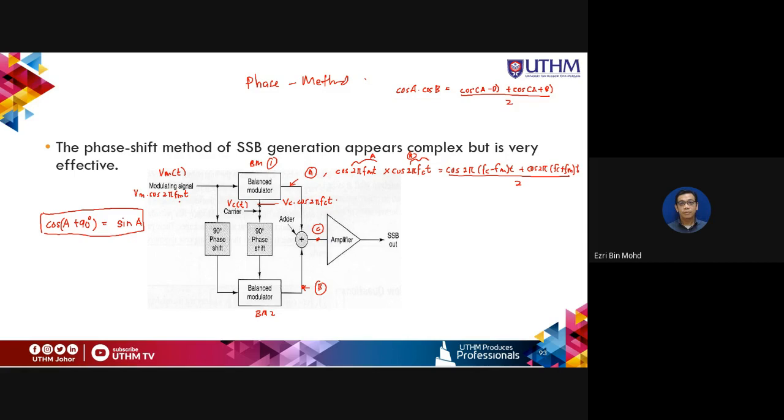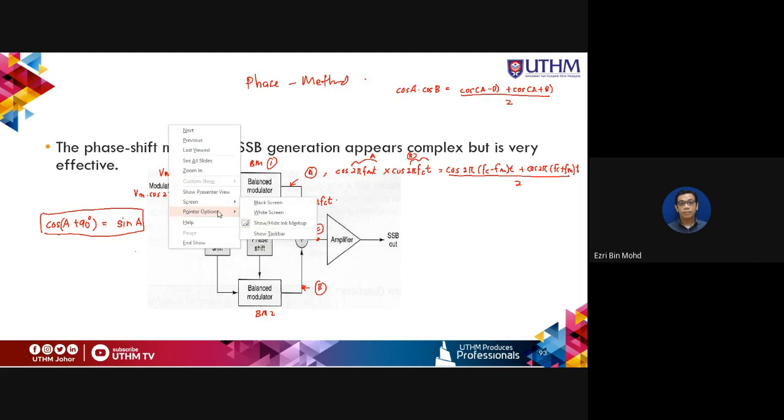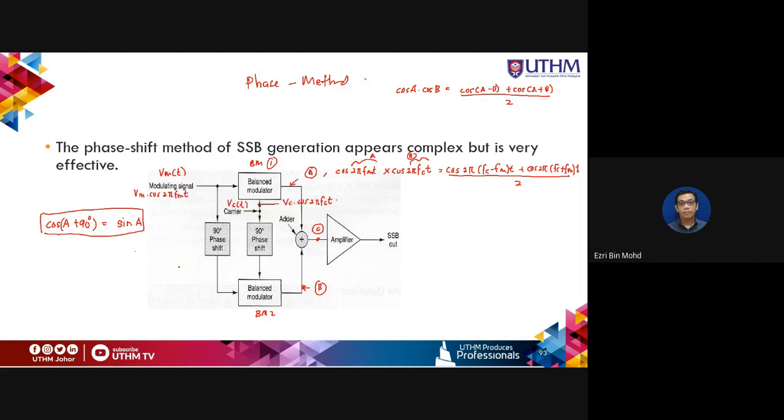So here should be VMT jadi cos, bukan cos, sin lah. Right. So jadi sin 2 pi FMT, right? And here also cos 2 pi FCT for a carrier having a 90 degree phase shift, then the output is sin 2 pi FCT.